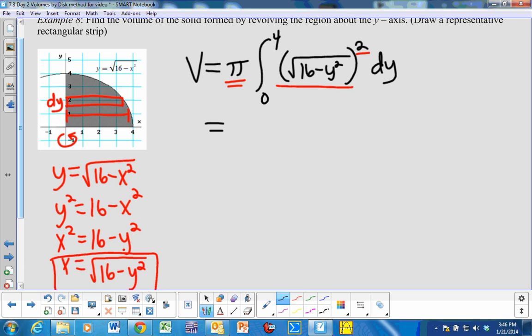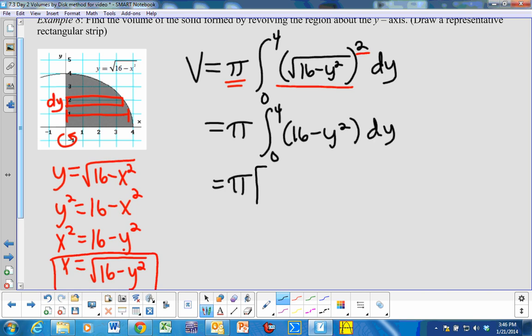So now if we just do our integration here, let's simplify first. So we're integrating pi times the integral 0 to 4. Well, you square root and then you square it, you're just going to get 16 minus y squared underneath. And then go ahead and do your integration. So we have 16y minus y cubed over 3, and we're going from 0 to 4.